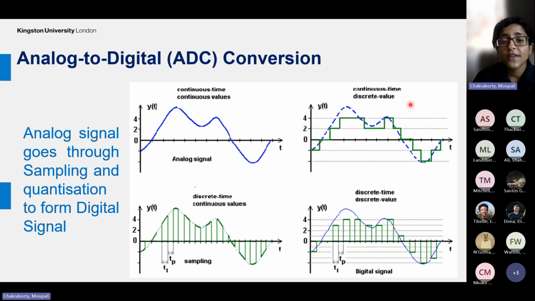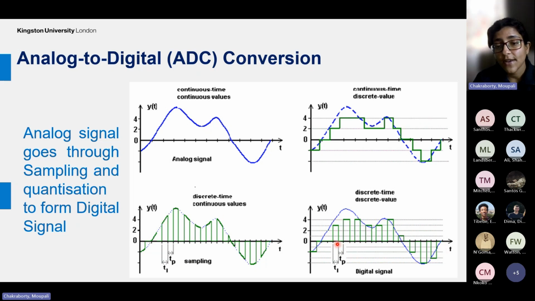Mixing these two means you are dividing in the x-axis and also dividing in the y-axis. So if both sampling and quantization occur for an analog signal, we call that a digital signal. You can see that the y-axis is divided, meaning quantization is done, and the x-axis is divided, meaning sampling is done. In sampling it was continuous time, continuous valued.